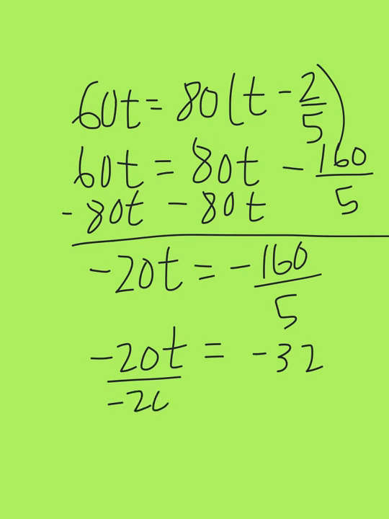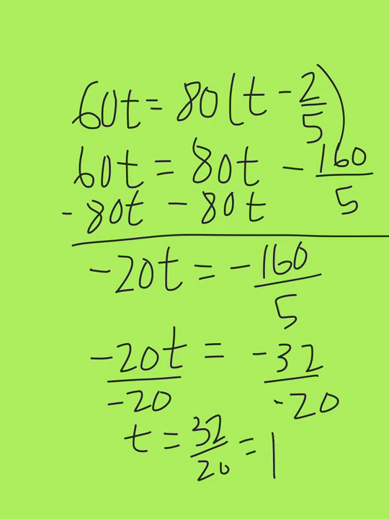Divide both sides by negative 20, and I get t equals 32 over 20, which equals 1 and 12 over 20, which equals, dividing by 4, 1 and 3/5. So the answer is going to be 1 and 3/5 hours.